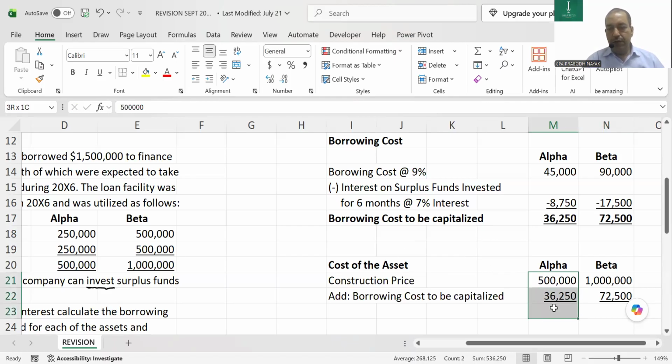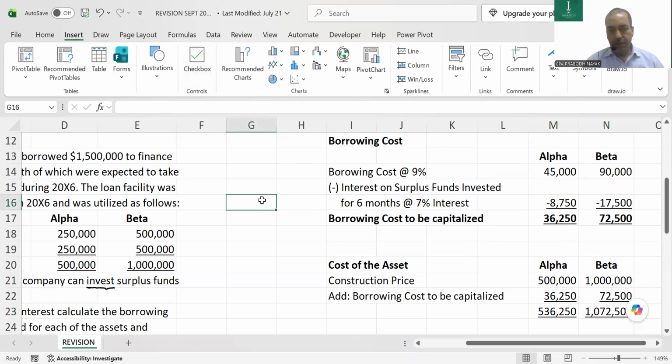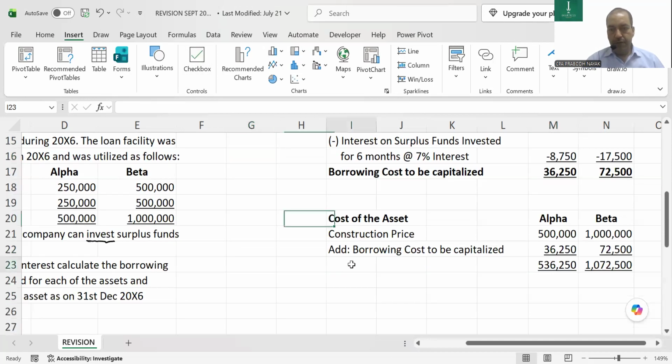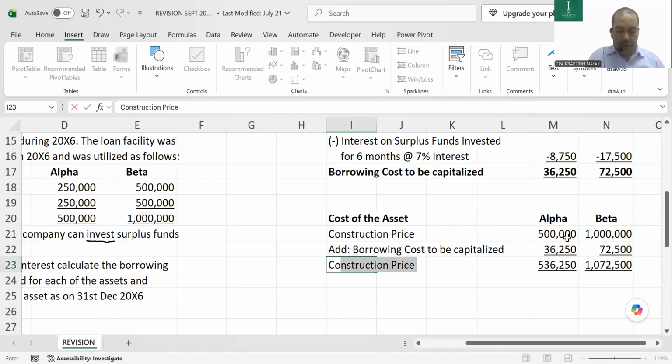So we'll take the total. So this will be the cost of the asset.